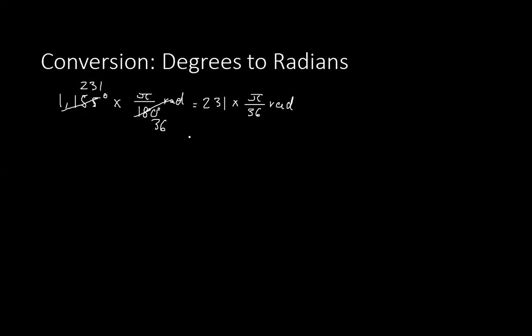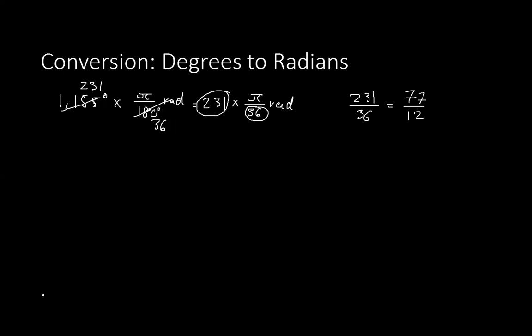If you use your calculator and divide 231 by 36, you will have 77 all over 12.